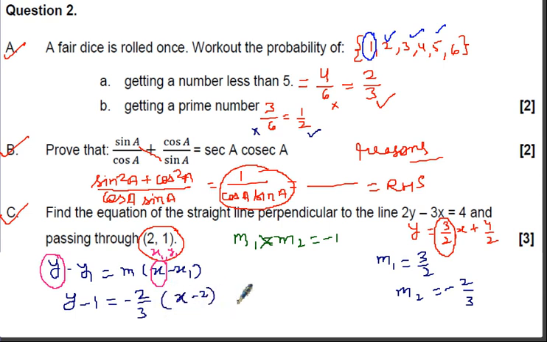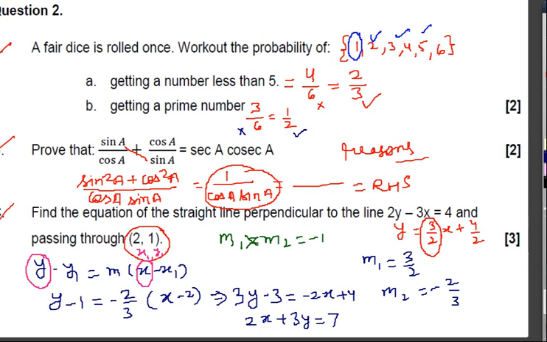When you simplify, you can multiply by 3: 3y minus 3 equal to minus 2x plus 4. And when you simplify, you will get 2x plus 3y equal to 7. So this is your answer.